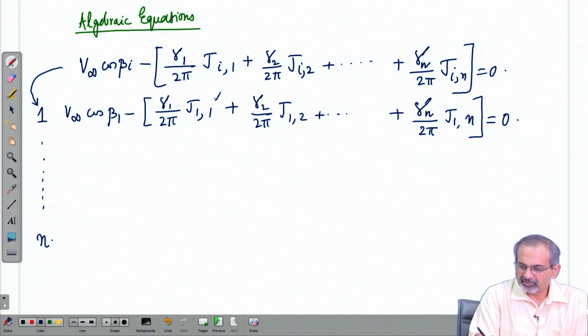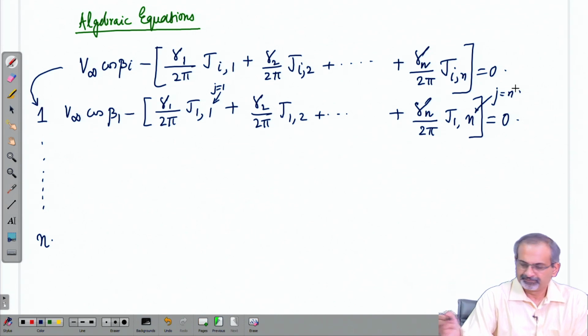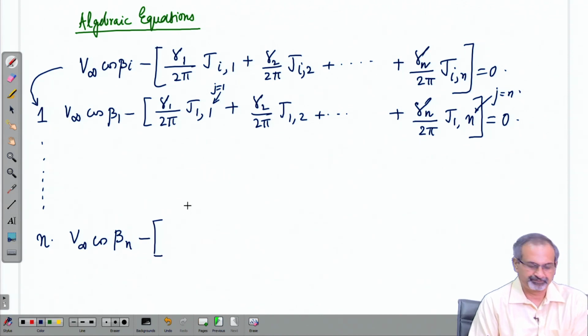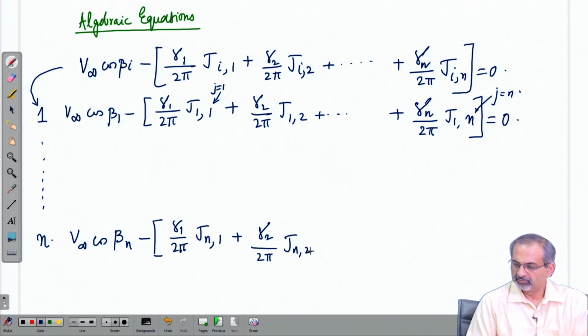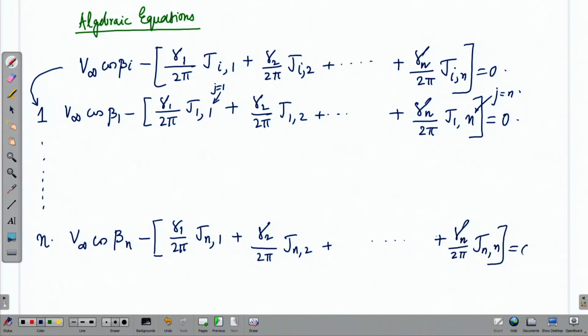So, that is what is running from j equal to 1 to n, and just for the sake of completeness, let us also write it down for the nth one. So, it will be J n 1, J n 2, and finally J n n. So, this is basically your system of algebraic equations comprising of how many unknowns?